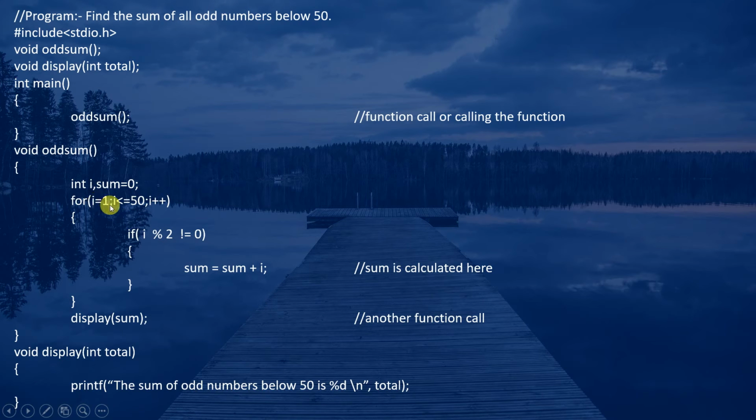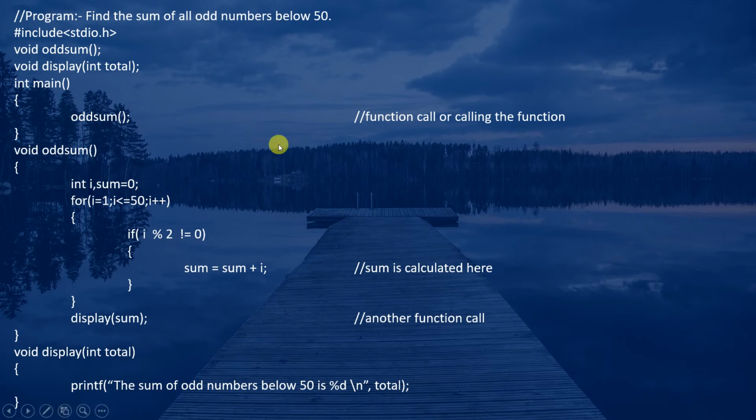Each time you are taking a natural number, from 1 to 50, and you are checking if the number is even or odd. If i%2, where percent is the remainder operator, is 0, then it is an even number. If it is not 0, then it will be 1 for an odd number.